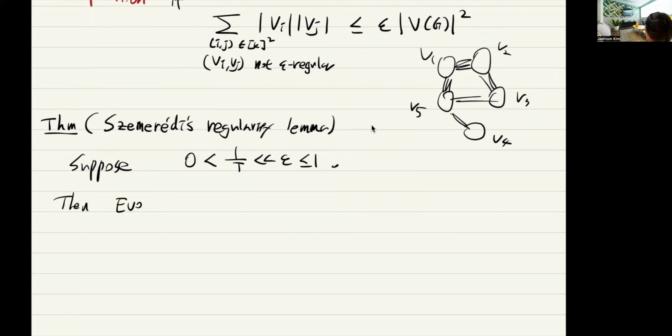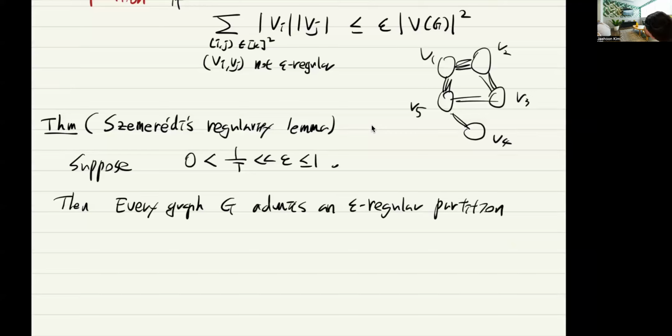Then every graph G admits an epsilon regular partition V1 to Vr, with this r being bounded by at most t.